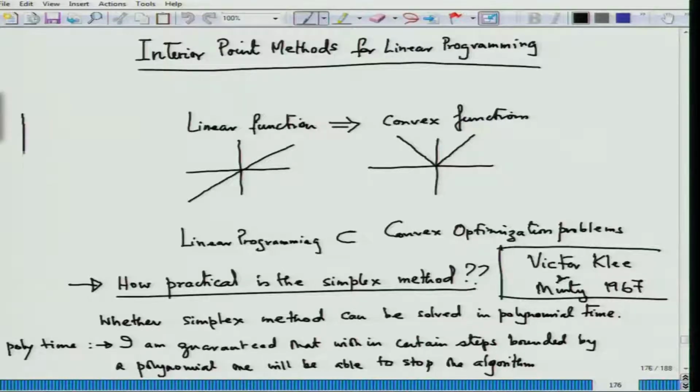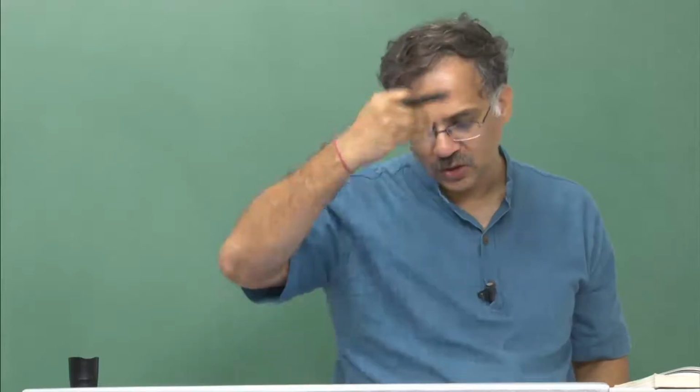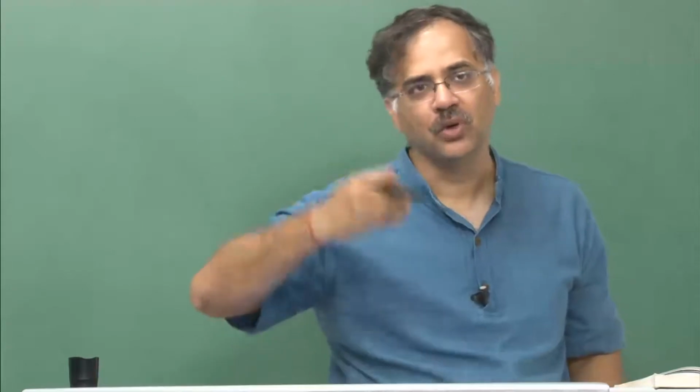Just to give you a little idea, if you have a convex polyhedron like this, and if this is your C, what the simplex method does is to move from one vertex to the next, not just arbitrarily, but doing it in such a way that at the new vertex the objective function value either remains the same or goes down.